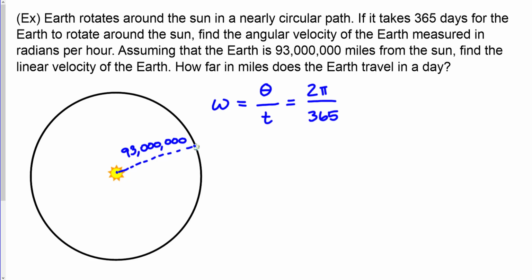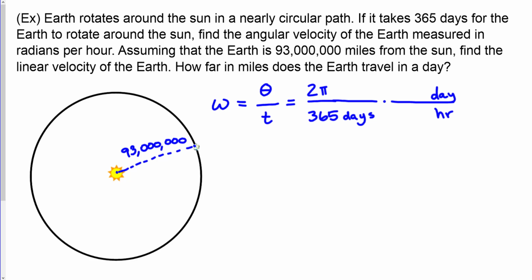Now, that's all well and good, but it did ask us to find the angular velocity in radians per hour. So to change days into hours, I want the unit day to cancel out, and I want to leave the unit hour.